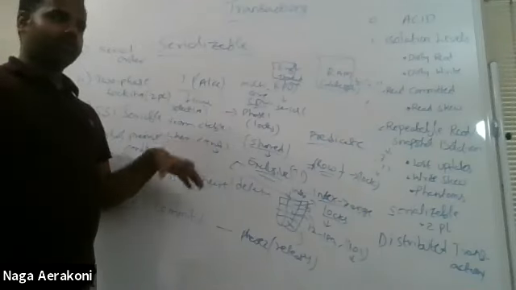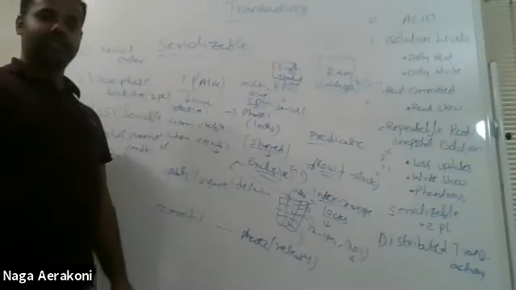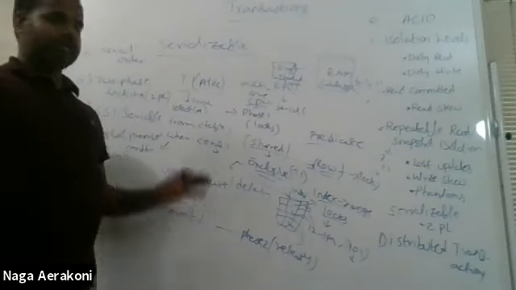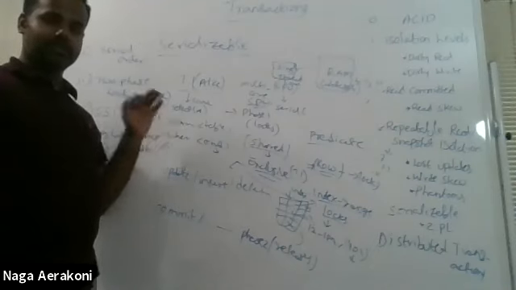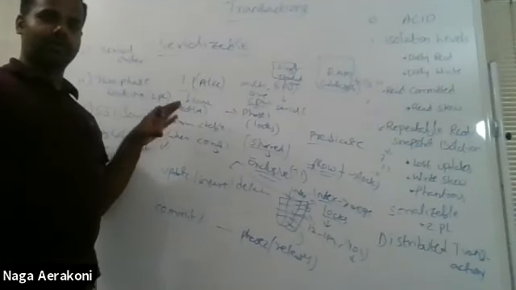And when you have multiple threads and parallelism, you always need to make sure that only one thread can access or update any row.